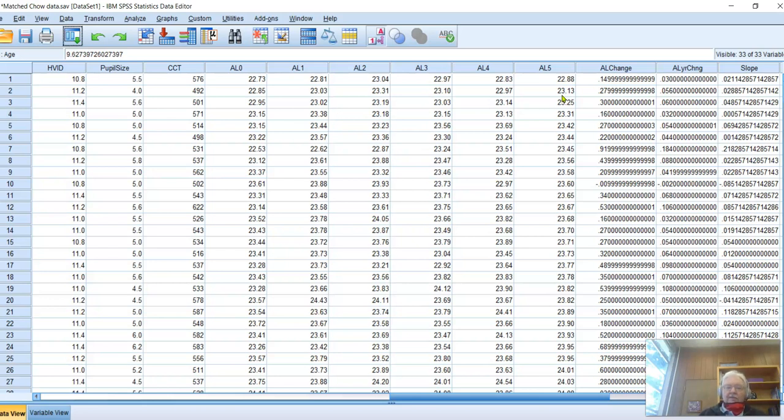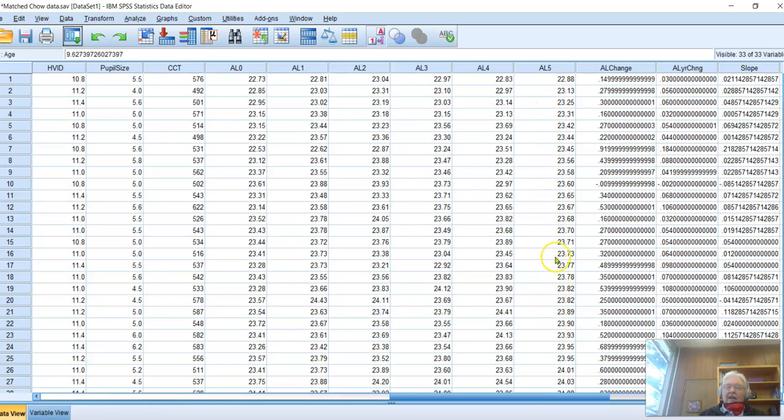One of those is analysis of covariance, which we've already covered. In analysis of covariance, you make everybody the same statistically at baseline, and then you directly test their axial length at 5 years.